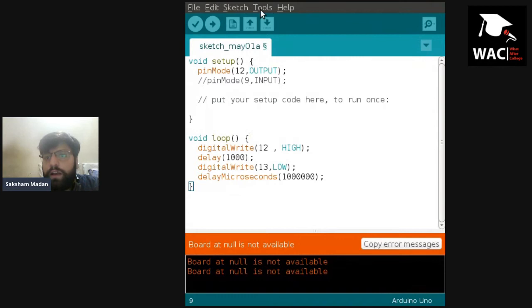We also have different boards over here. For example, if I connect any board other than Uno, I have to change my board from here. And the port is your hardware port from which this Arduino is connected.